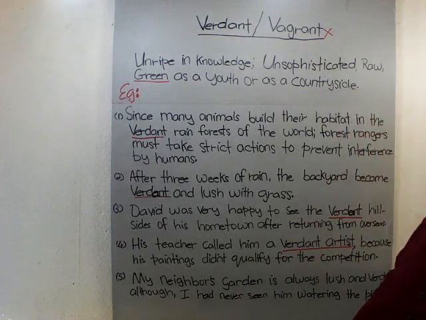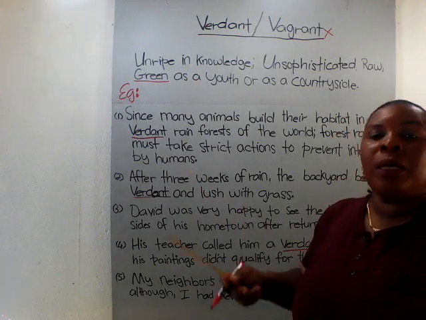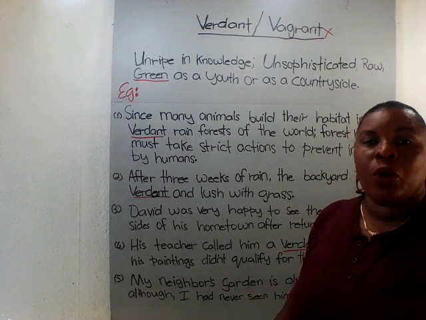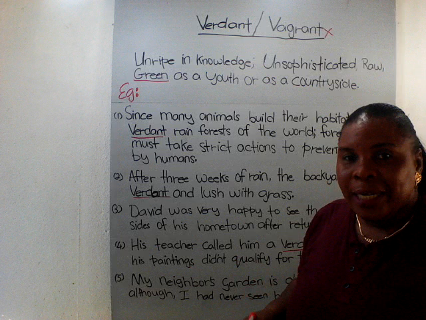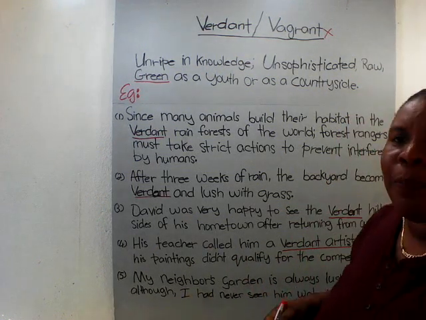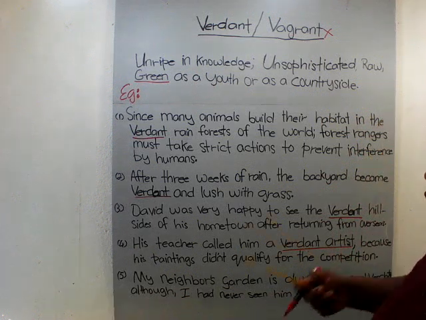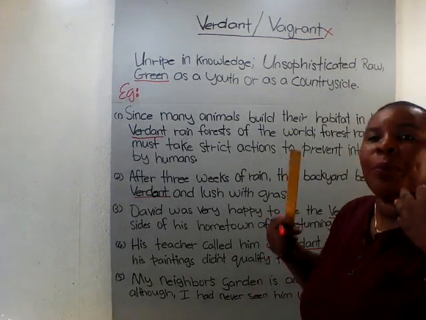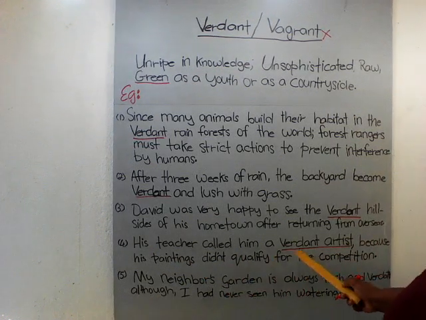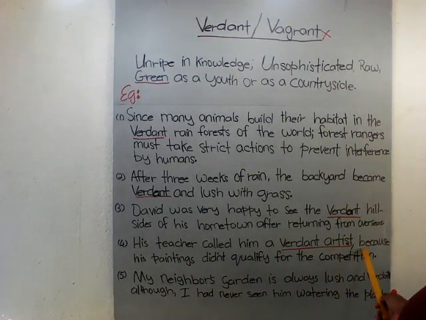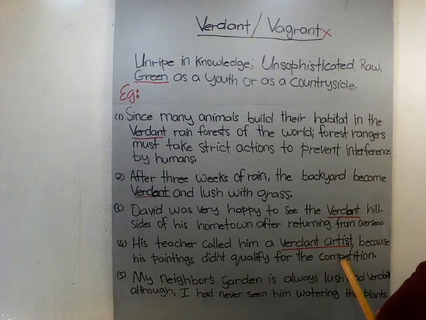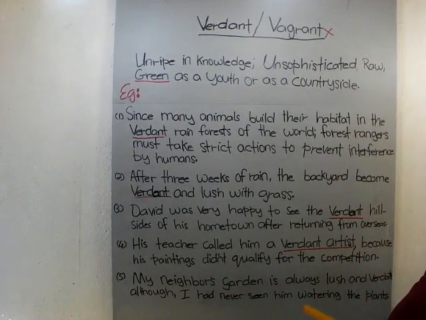Alright, he doesn't know how to mix the common colors, or the primary colors, or the secondary colors, to get the pictures that he probably wants, or the picture is supposed to look like.